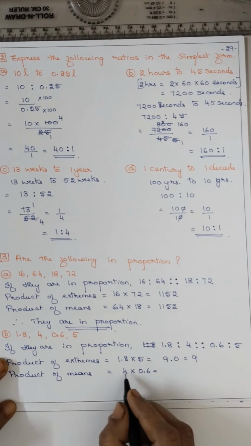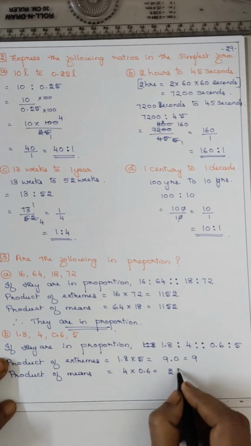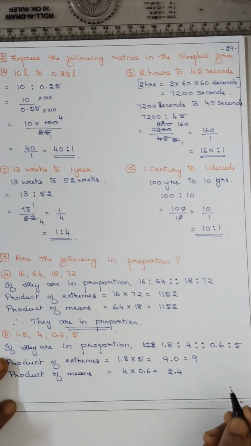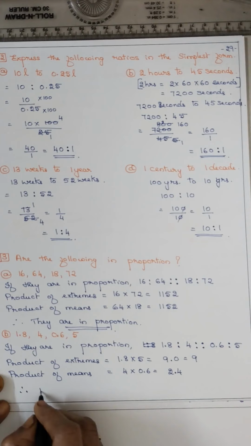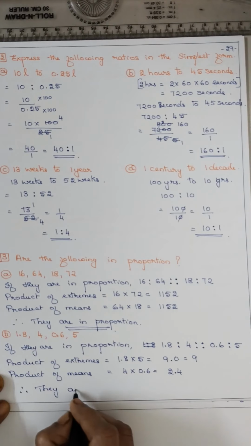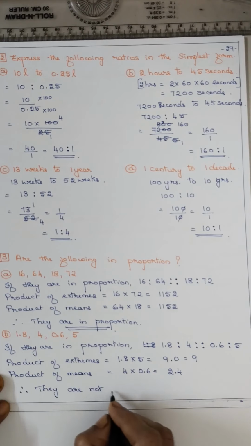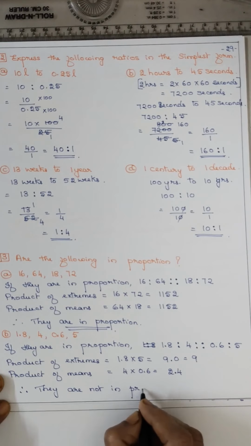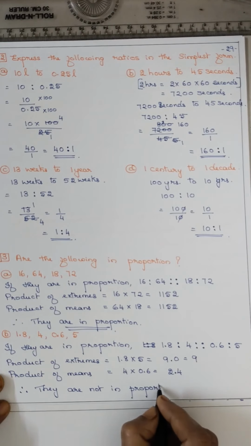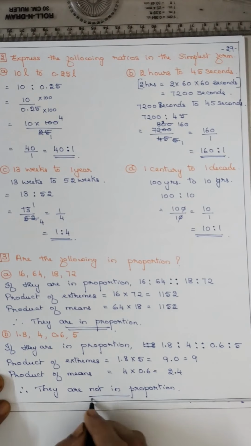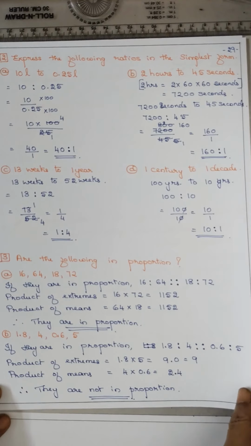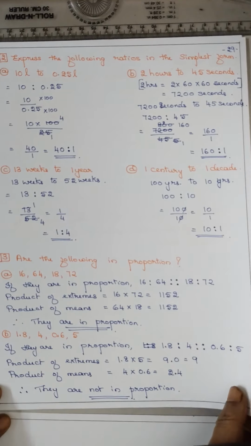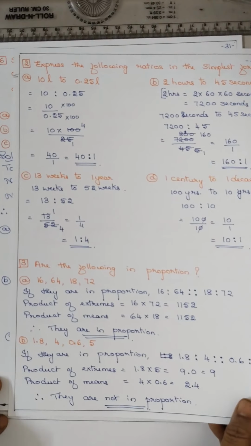Now 4 6s are 24. 1 decimal. So 2.4. Are they equal? No. Therefore, they are not in proportion. Is it clear? So that was question number 3. Hope all students understood this sum.